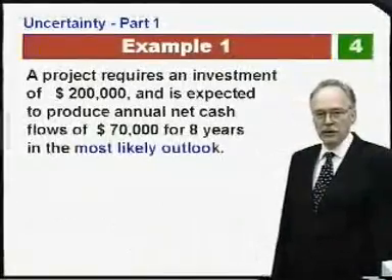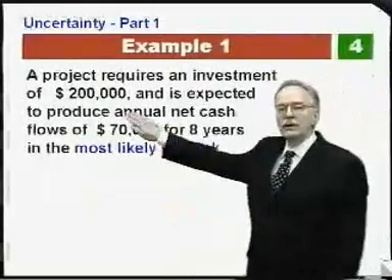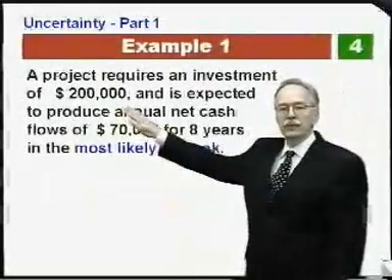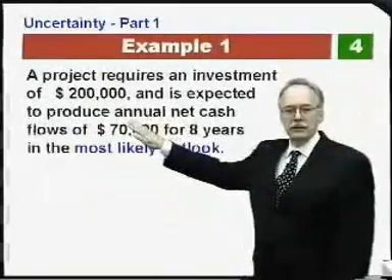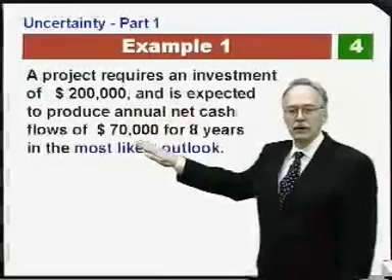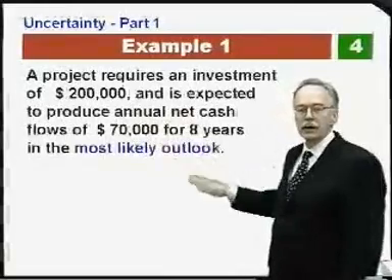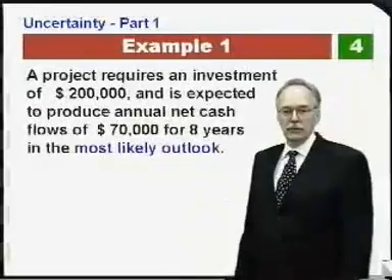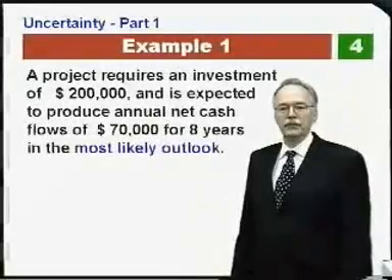So let's proceed into our example. Let's say we have a project that has an investment of $200,000 and it has an annual net cash inflow that is going to generate $70,000 for a period of 8 years. And we'll call this the most likely outlook, the most likely scenario.